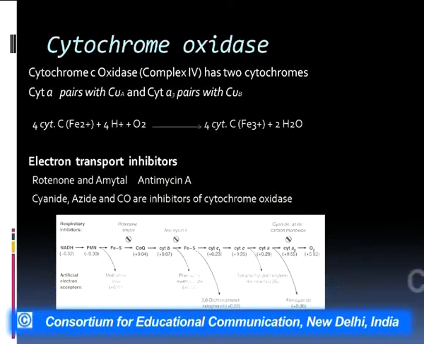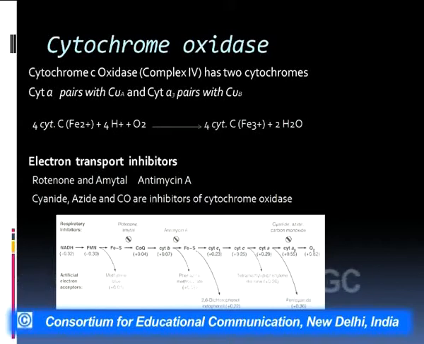Cytochrome C oxidase, which is at the complex 4, has 2 cytochromes, cytochrome A and A3, and copper containing copper A and copper B. The cytochrome oxidase complex is the most sensitive to poisons, because it has an allosteric site. So, it is also sensitive to carbon monoxide, azide as well as the cyanides.